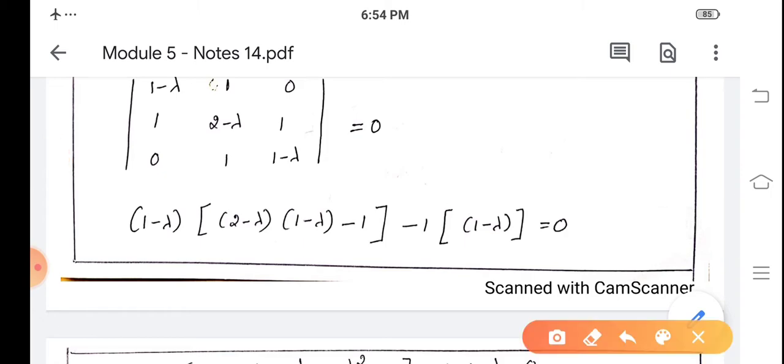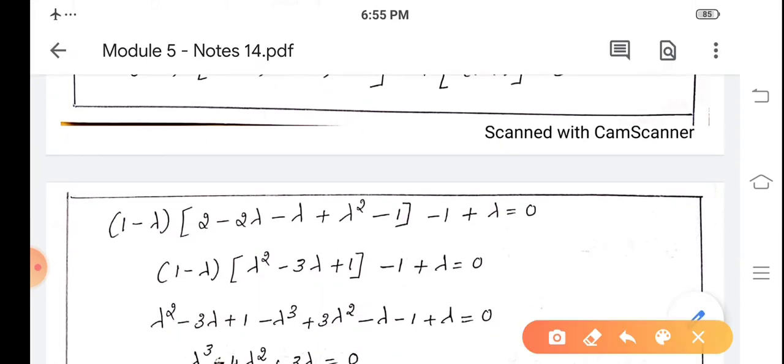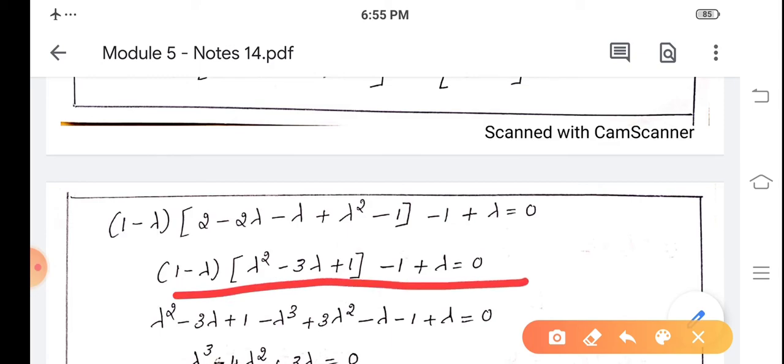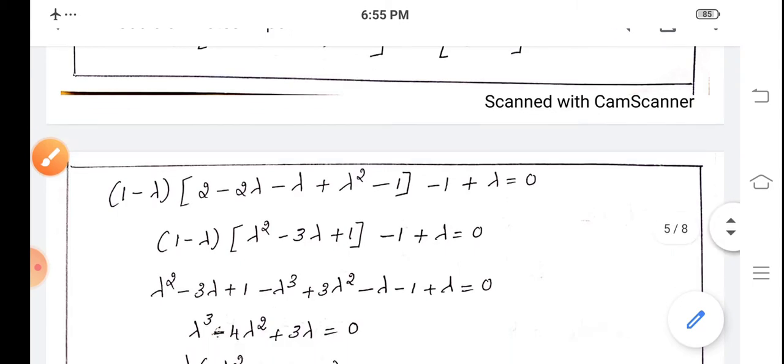On expanding this determinant, we write (1 minus lambda) into (2 minus lambda) into (1 minus lambda) minus (1 minus lambda) equal to 0. That gives (1 minus lambda) into (lambda square minus 3 lambda plus 1) minus 1 plus lambda equal to 0.